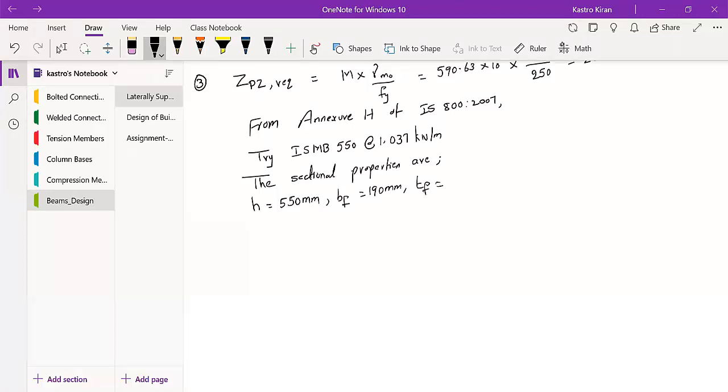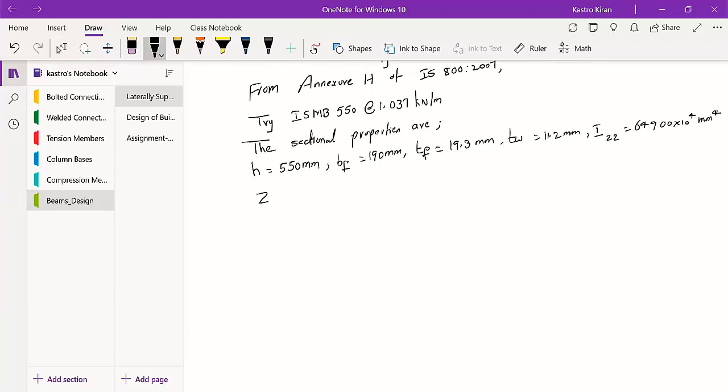Thickness of flange is 19.3 mm, and thickness of web is 11.2 mm. And the value of I or IZZ equals 64900 into 10 power 4 mm power 4. And ZpZ is 2711.98 into 10 cube mm cube.